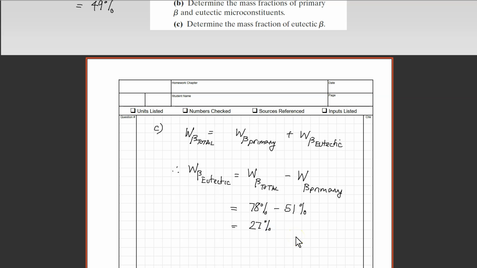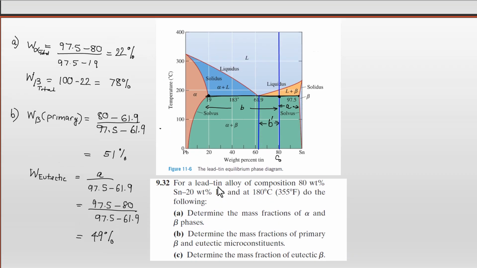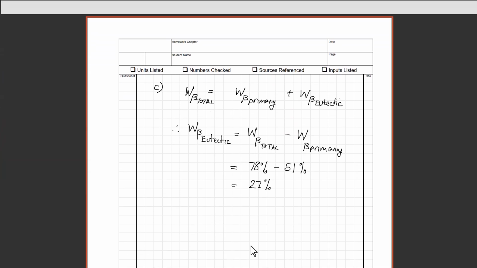So 27% of the sample mass is beta within the eutectic itself. So here we see an example of the application of the lever rule to a eutectic system where we're interested in the mass fractions of the microconstituent. Thank you.